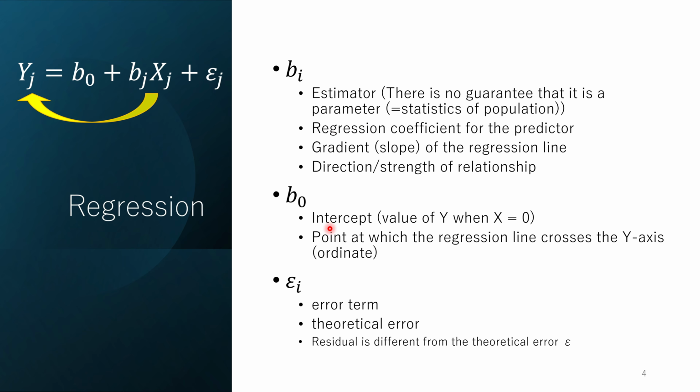And beta 0 is the intercept, meaning the value of y when x equals 0. Graphically, it's where the regression line crosses the y-axis. And finally, epsilon is the error term. This is a theoretical error and it's different from the residuals.